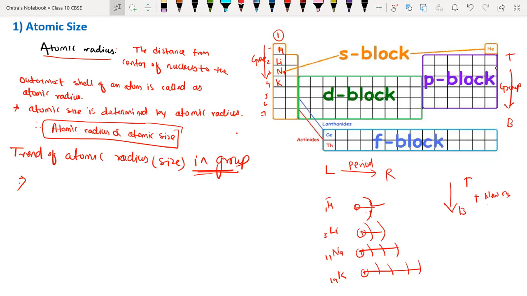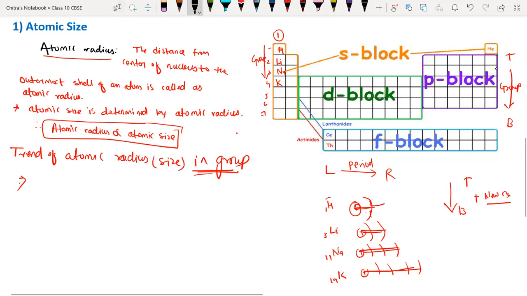Here we have only one shell, here two shells, here three, and here four. When we move top to bottom, new shells are added each time, due to which the distance from the center of the nucleus to the outermost shell increases all the time. That means atomic radius increases. If atomic radius increases, atomic size also increases. This is the trend for atomic radius in a group.